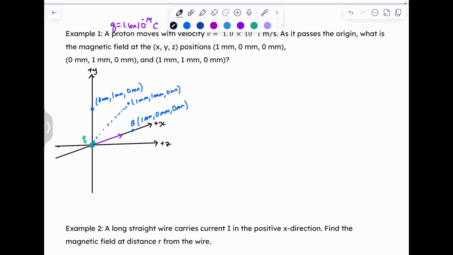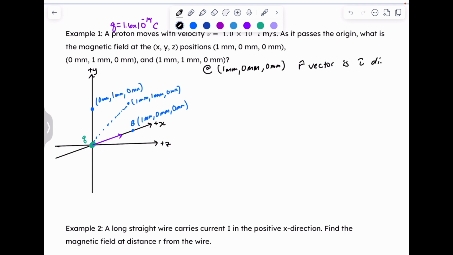So first I'm going to look at 1 millimeter, 0, 0. My r vector is going to be this right here, so my r hat vector is the i hat direction, and my velocity is also in the i hat direction.